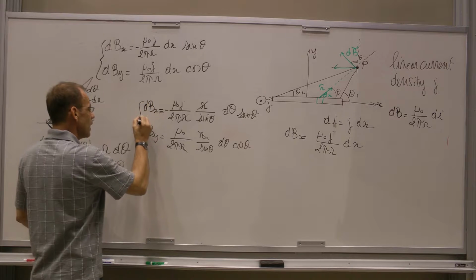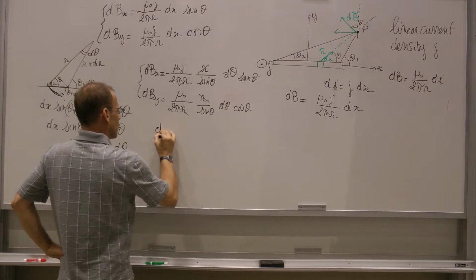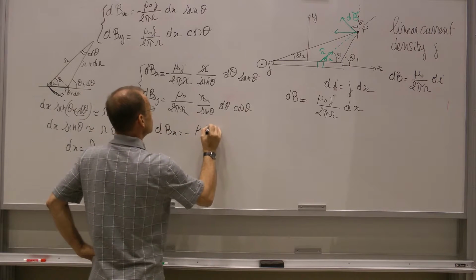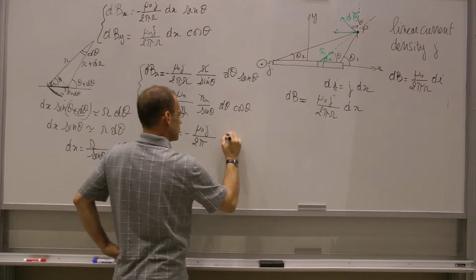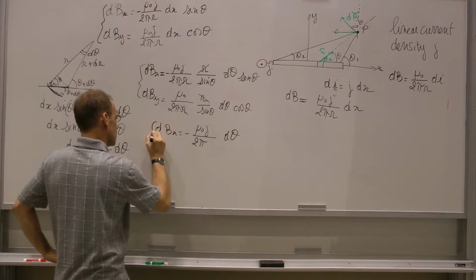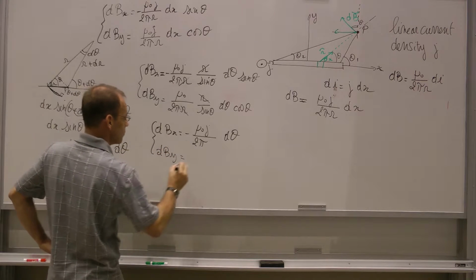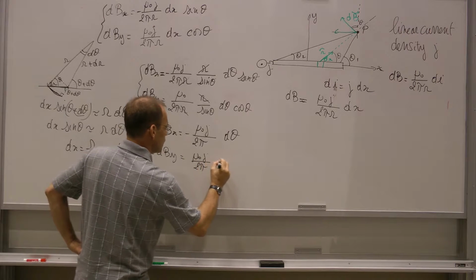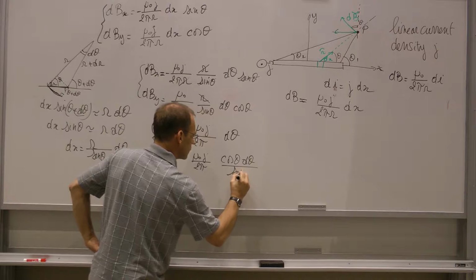So these two values of the magnetic field can be written as, regrouping everything, dBx is equal to negative mu 0 j over 2 pi d theta, simply. And the other, dBy, equals mu 0 j over 2 pi cosine theta d theta divided by sine theta.